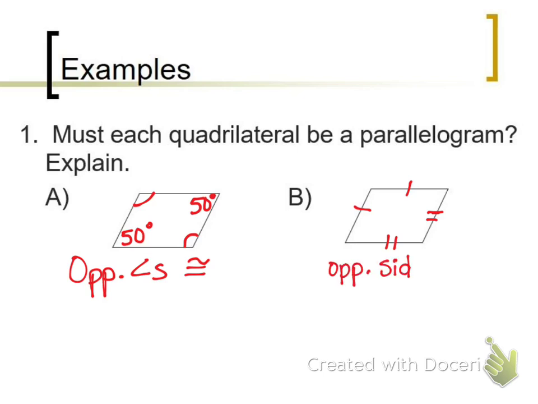We have to be specific about if we're talking about opposite or consecutive. So in letter B, the way that I have this marked, consecutive sides are congruent. Like these 2 sides are consecutive, they're next to each other. These 2 are next to each other, they touch. Consecutive means that they're next to each other.